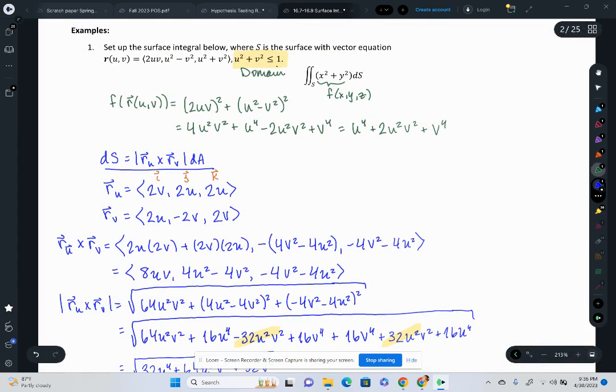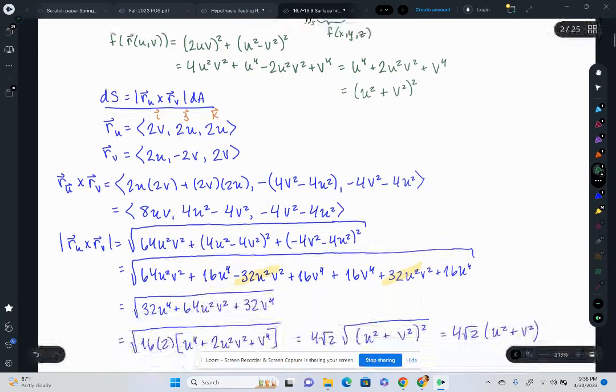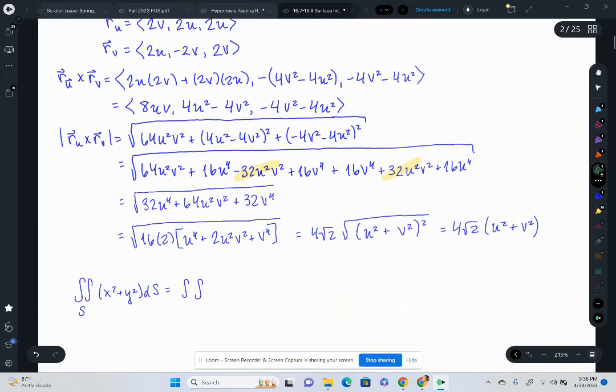Oh, you know what? I'm looking at it: u to the fourth plus 2u squared v squared plus v to the fourth, that factors. I noticed it before, but I didn't do it because I wasn't sure what dS would be. Now that I know dS is very similar, I'm going to go ahead and factor this perfect square trinomial. It is u squared plus v squared all squared. So that is our f of r of u, v.